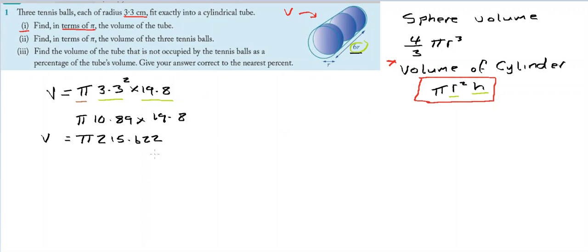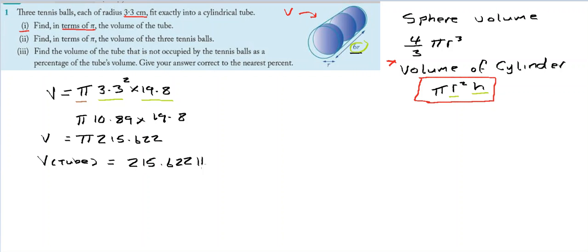You can leave it like that. So this is the volume of the tube, which is equal to 215.622 pi.